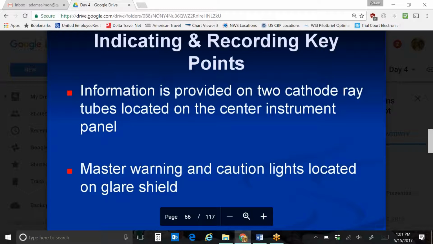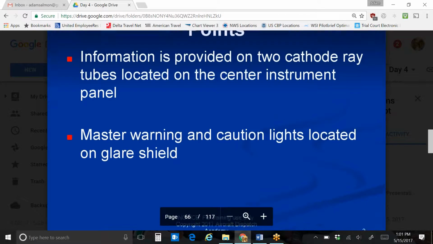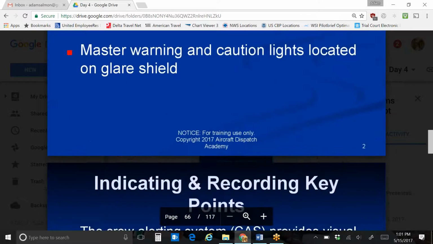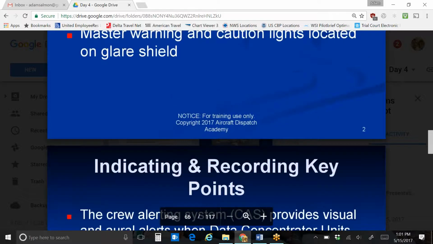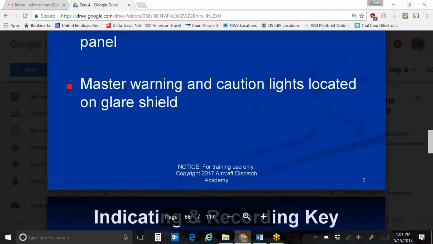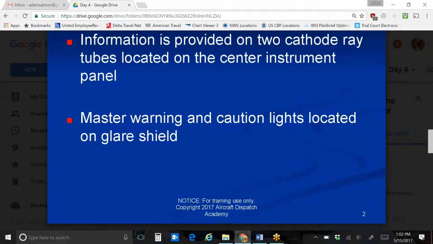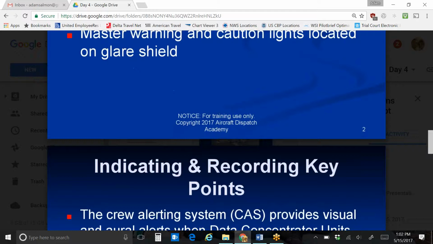See, it gives off two different types of warnings: a master warning and a master caution. So just remember that master warning.